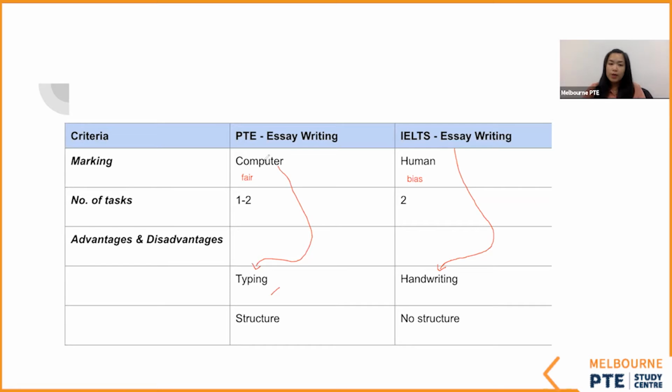But again, for typing, you can practice. That is what I mean. You just need to practice typing skill, okay? But for handwriting, everyone can do it. But the thing here with handwriting, like I mentioned, if you have good handwriting, the supervisor understands what you write. But if you have bad handwriting, the only person who can understand your handwriting is you.